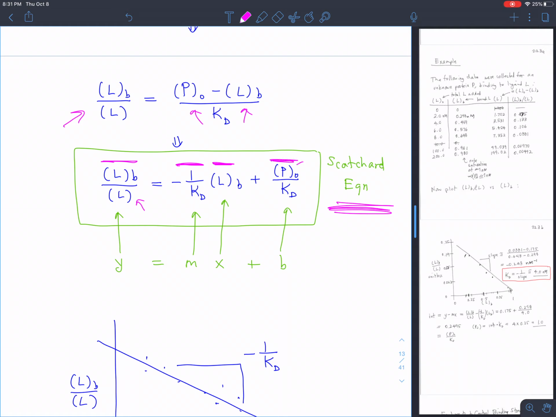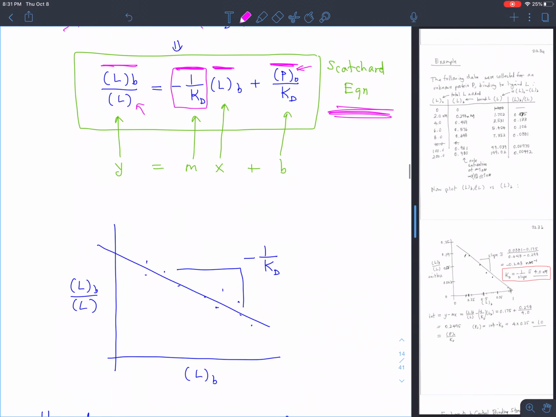The intercept depends on this unknown total concentration of P, but we don't in the end need to know that because it's just the intercept. What we really want is KD, and that's the slope, and we can get the slope without knowing the intercept or even worrying about the intercept.